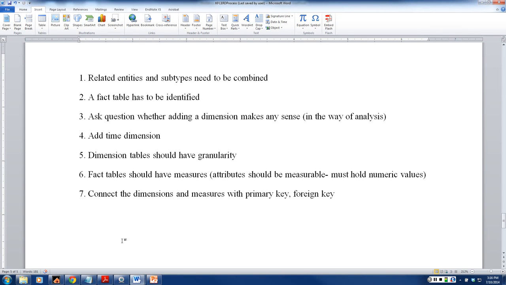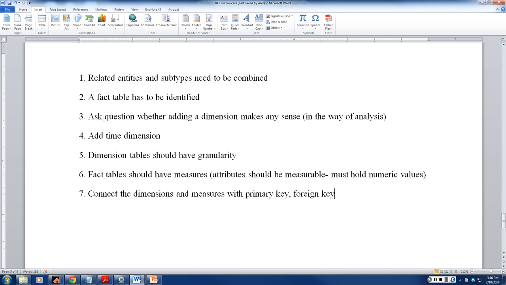So let's focus on these rules, and we will explain that with some examples. Now, because this is a topic that is highly practiced, you will see that people follow these rules a little bit differently, and the star schemas look different. The attributes in the star schema are a little bit different and stuff like that.